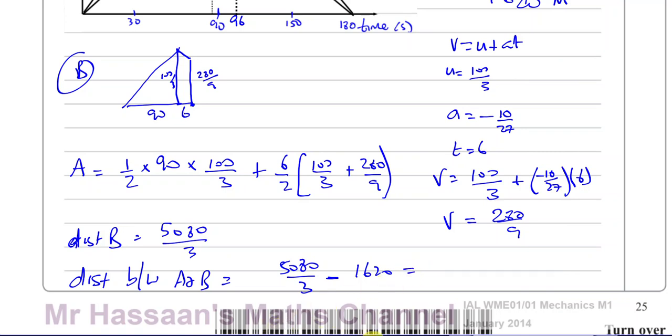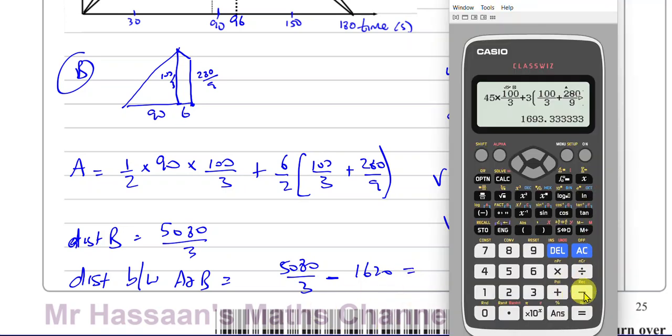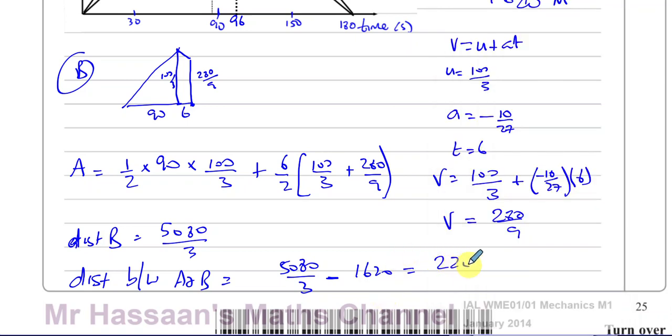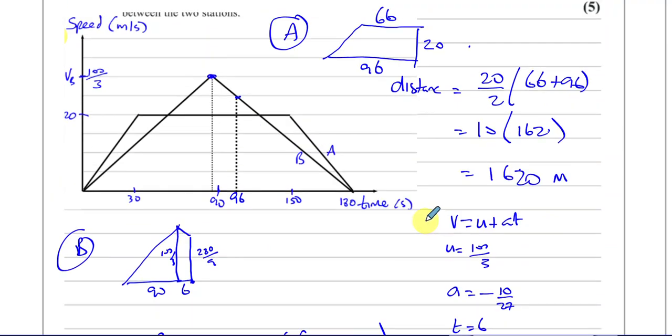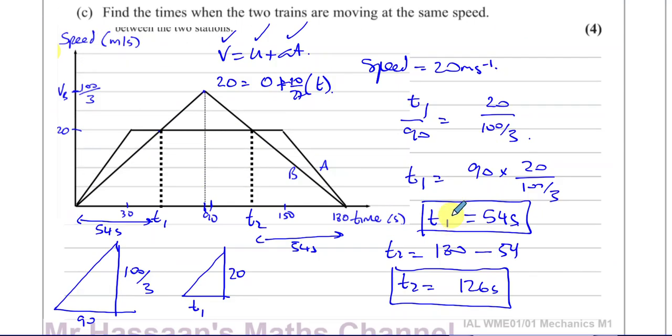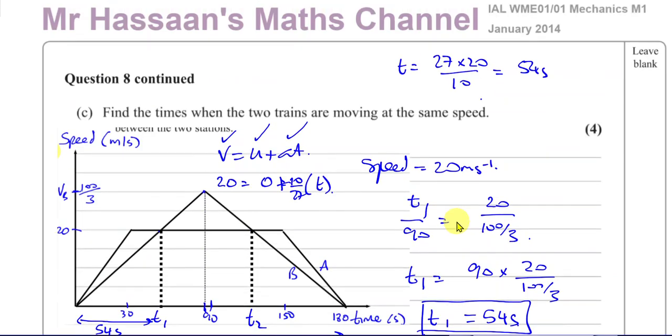So it's the answer we got, take away 1620, and that gives us 220 over 3. 220 over 3 meters. And there's the answer to this question, which was part D. So there we have the answer to question number 8 from the M1 January 2014 IAL paper.